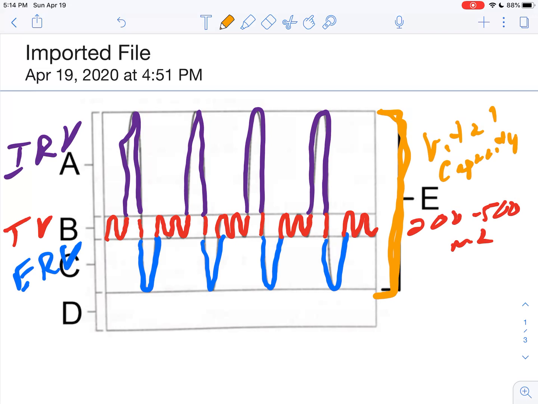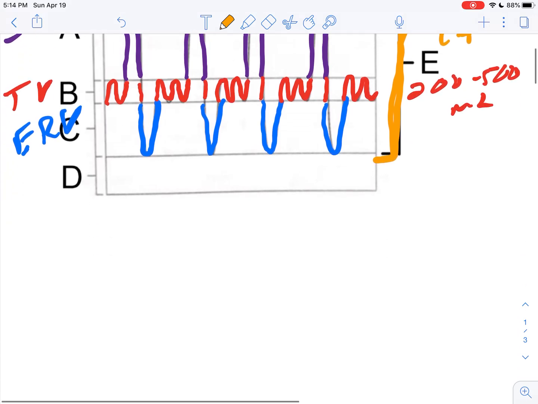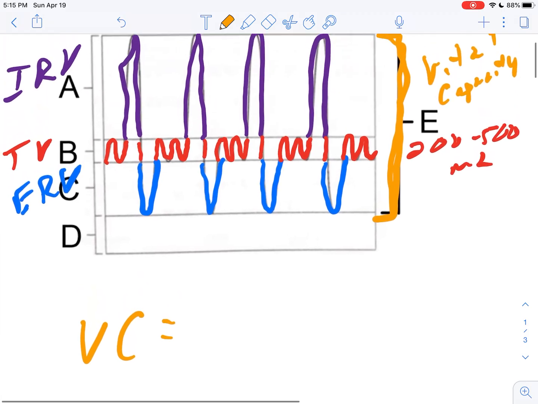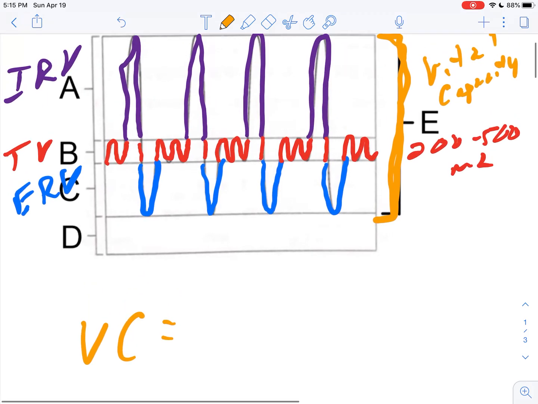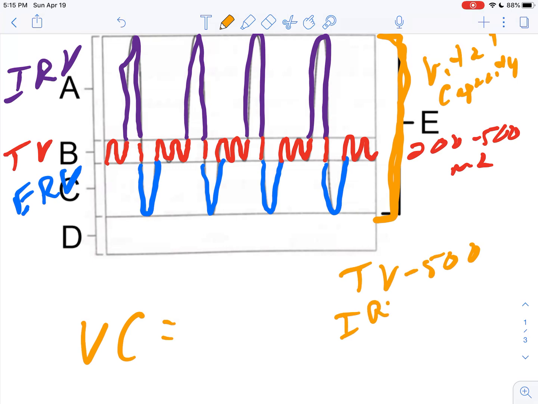Let's go here. You're going to calculate vital capacity. And I'm going to tell you that your tidal volume is 500. Let's say your inspiratory reserve is 2,000.